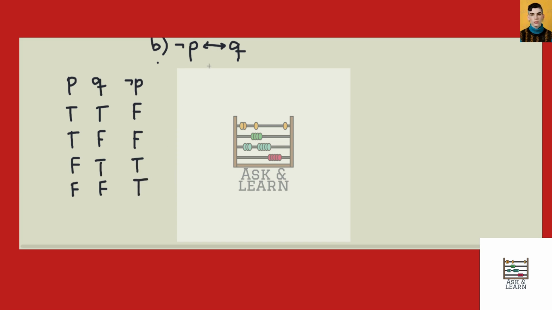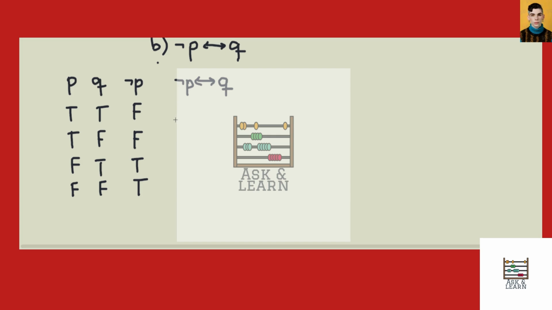Now let's write down the compound proposition, negation of P, biconditional statement, and Q. So we know that with the biconditional statement, both propositions need to have the same truth values in order to be true. If they differ, it'll be false.